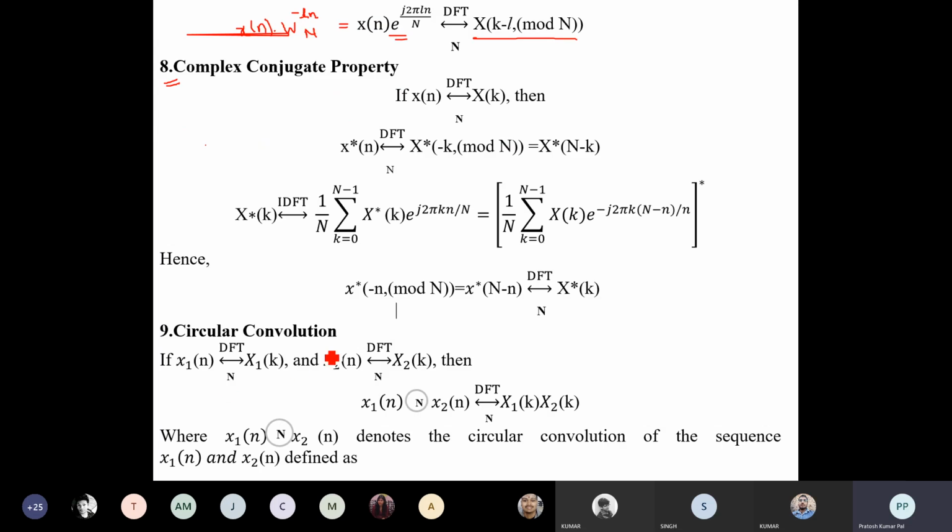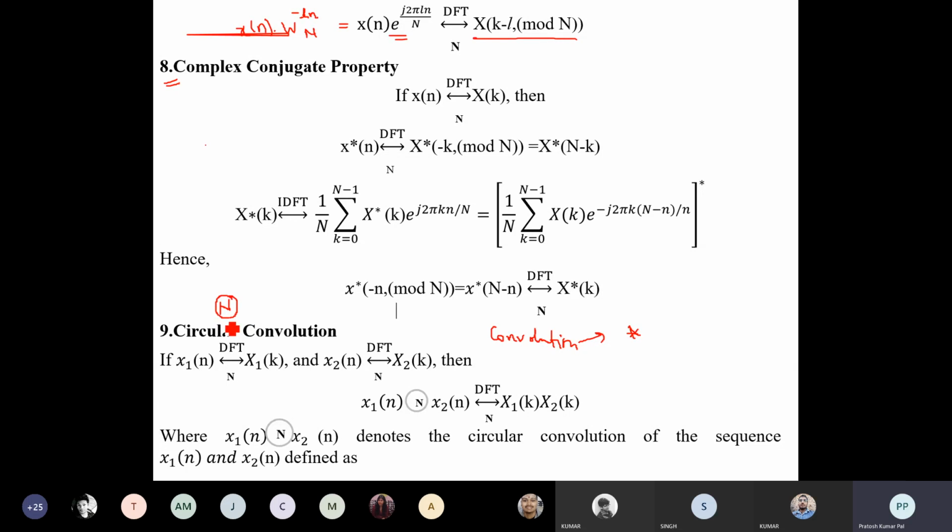Similarly, the circular convolution is there. Before this, we had studied only convolution. Convolution is represented by a star, and the circular convolution is represented by a circle with n written in it. This circle represents circular convolution, and n represents n-point circular convolution.